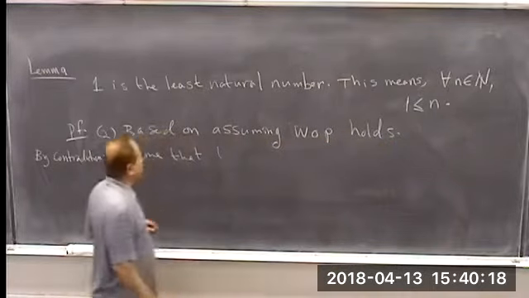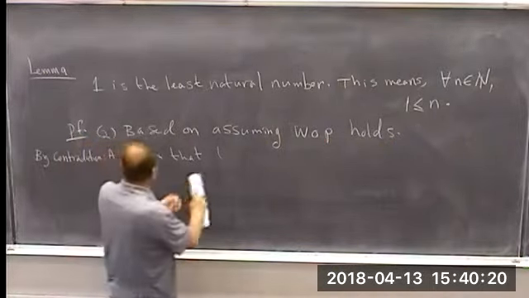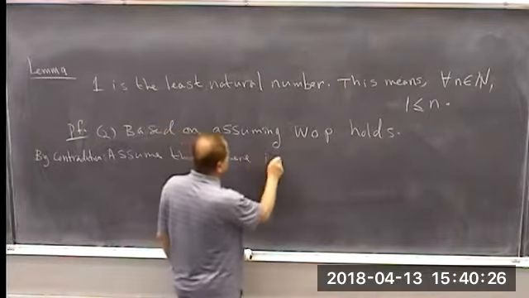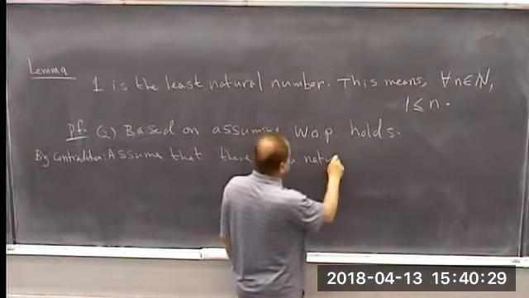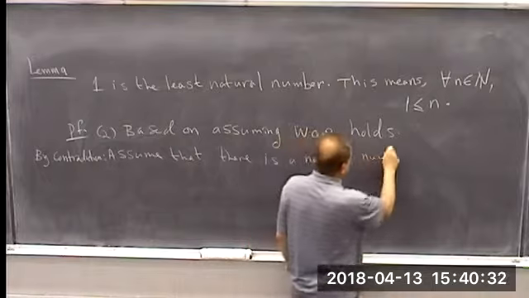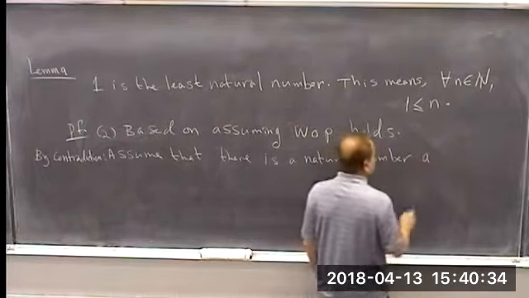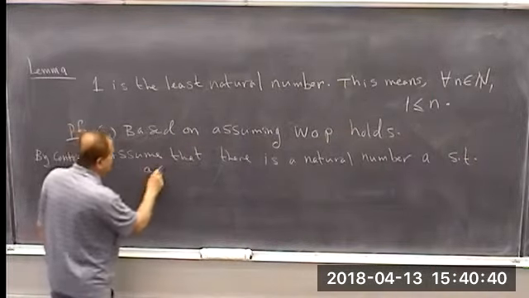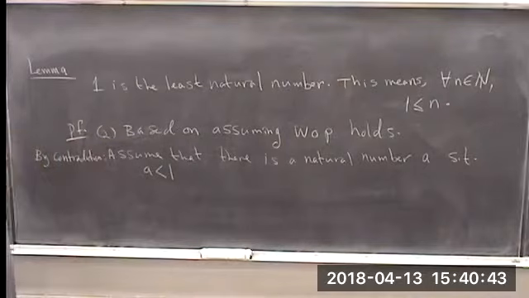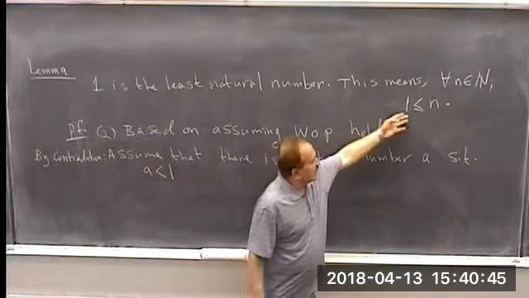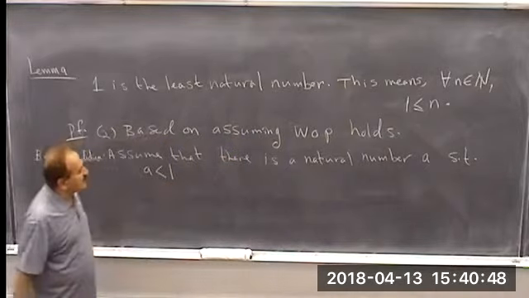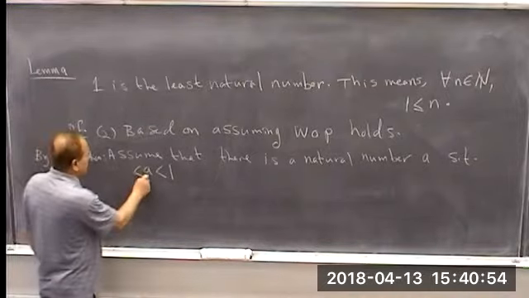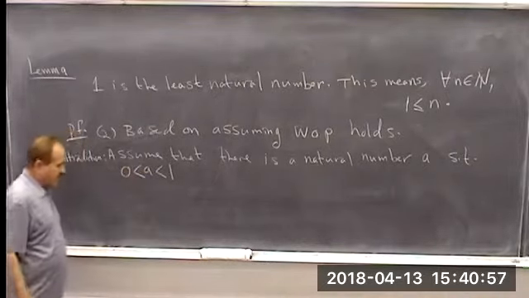So we're going to assume that there is a natural number A such that A is smaller than 1, which is the negation of every n being bigger than or equal to 1. There is at least one natural number that is actually smaller than 1. And we know that because this is a natural number, it is going to be bigger than 0.